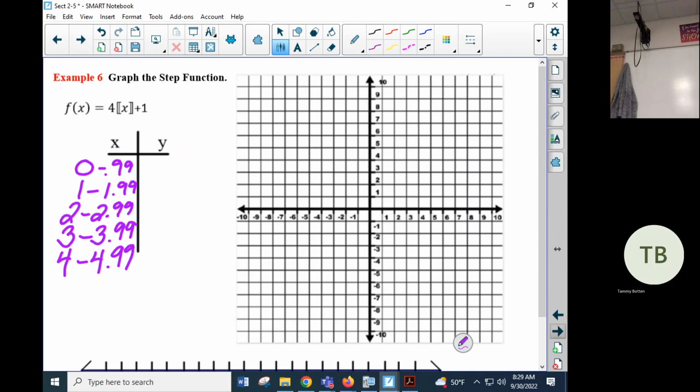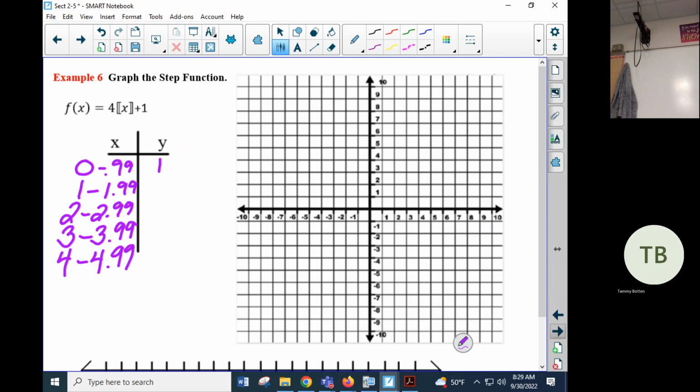Now, when I check, I always check the whole number in there. So if you put 0 in there, the greatest integer less than or equal to 0 is 0. 0 times 4 is 0. 0 plus 1 is 1. So when it's just the double brackets of x and you put a whole number in there, it's going to stay the same. It's when you put something in there that's a decimal, or if it was a fraction, that you have to go to the greatest integer less than that.